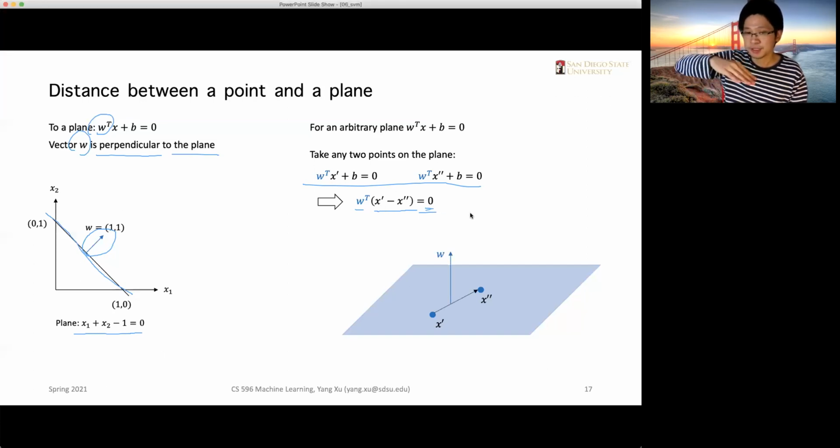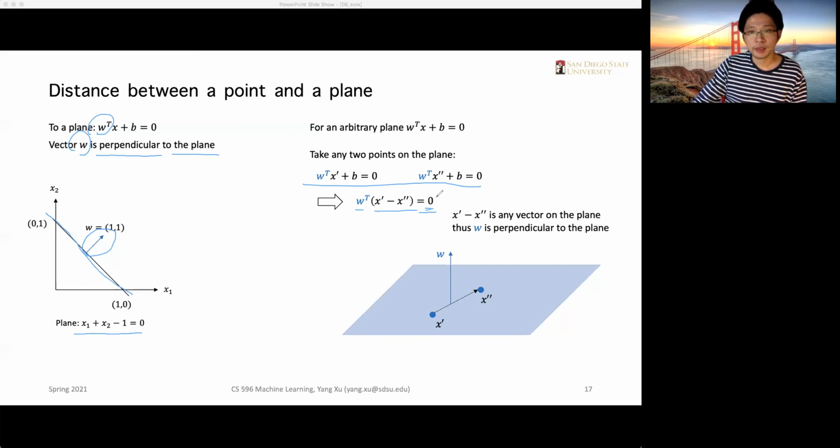So what is x prime minus x double prime? It's a vector that points from x double prime to x prime. And the dot product between this vector and the vector W is always 0. That means the W vector is perpendicular to the plane, right?